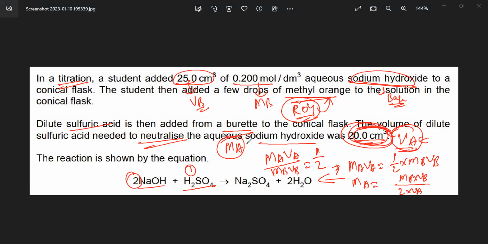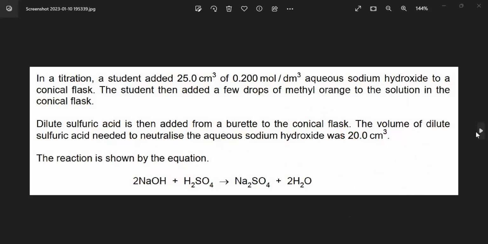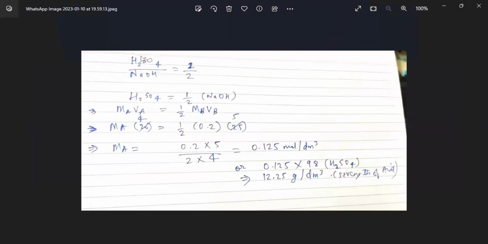Now in your actual examination, you will be given marks for writing each and every step, right? So it is a stepwise thing, and here also you'll have to calculate the strength. So let us see how questions like this have to be done. The next slide. Okay, so this is what was supposed to be done. You saw 1 mole of acid was reacting with 2 moles of base.